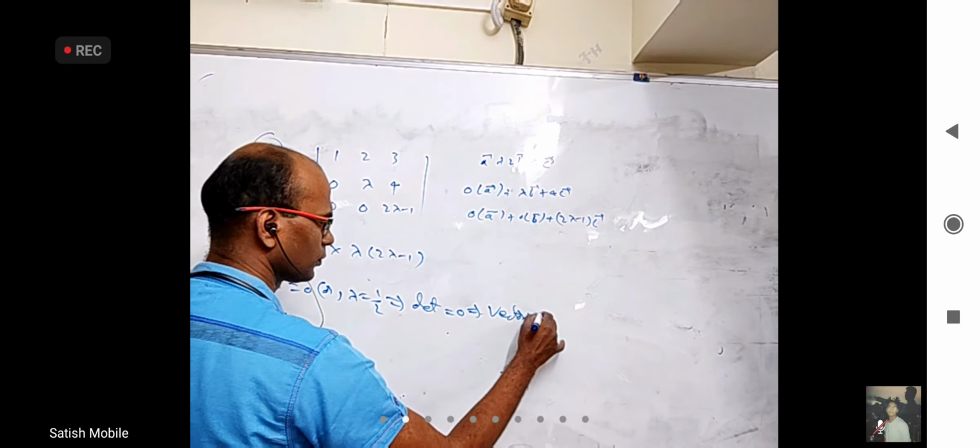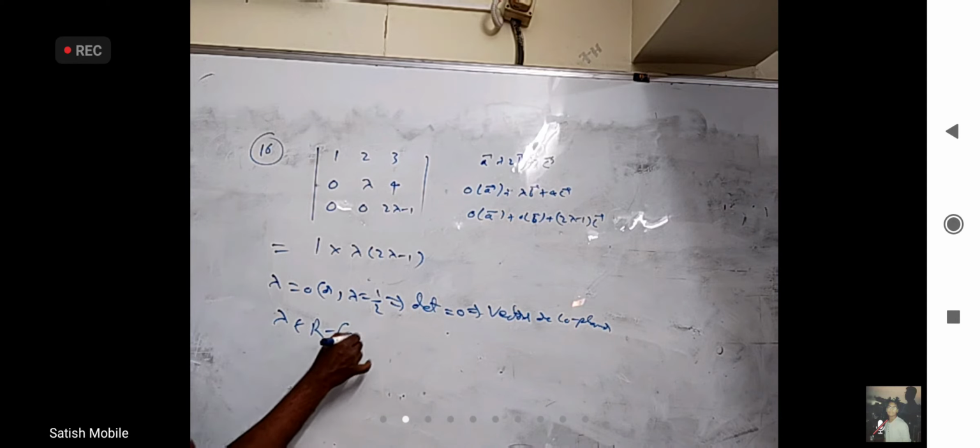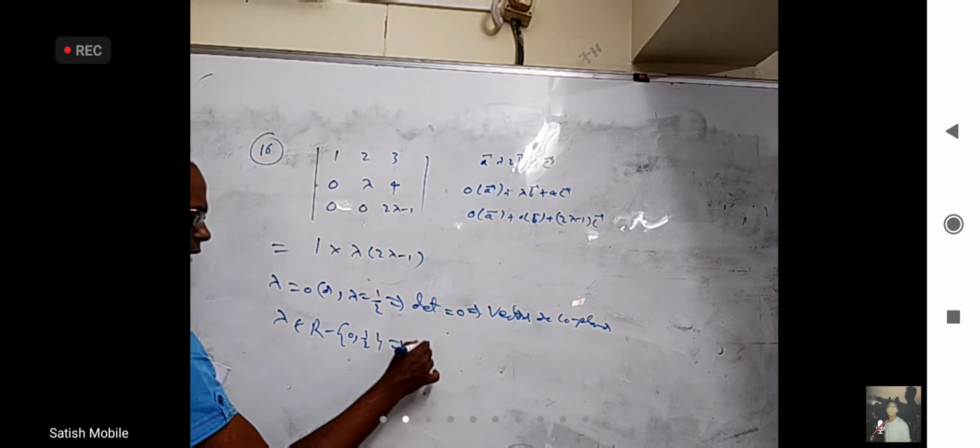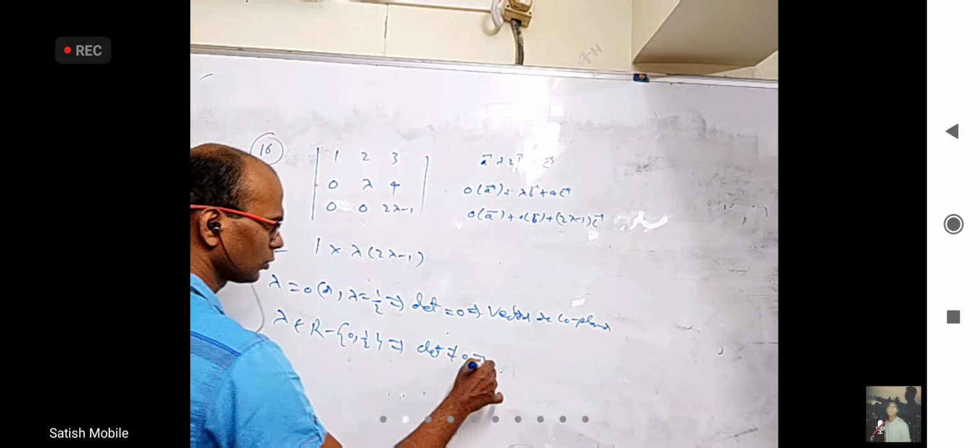If lambda belongs to all real numbers except 0 and 1 by 2, then the determinant will not be 0 and the vectors will be non-coplanar. So only for two values of lambda the vectors are coplanar, for all other values of lambda they are not coplanar.